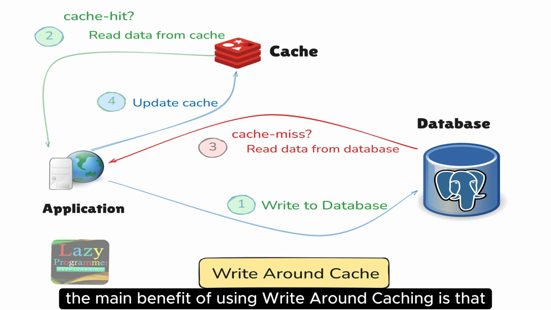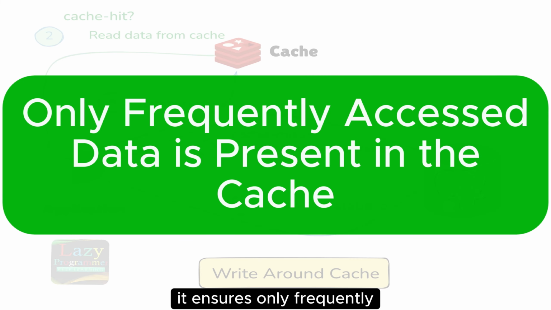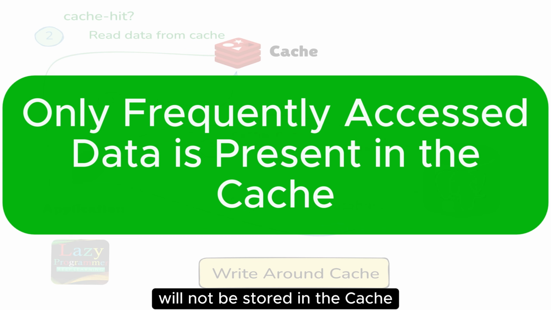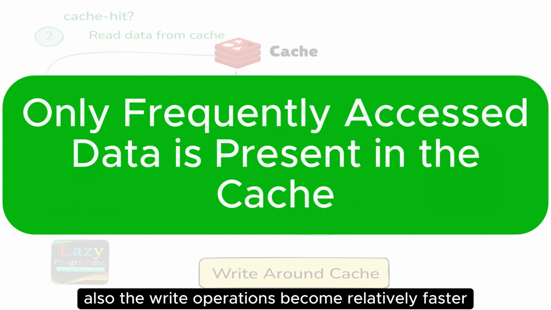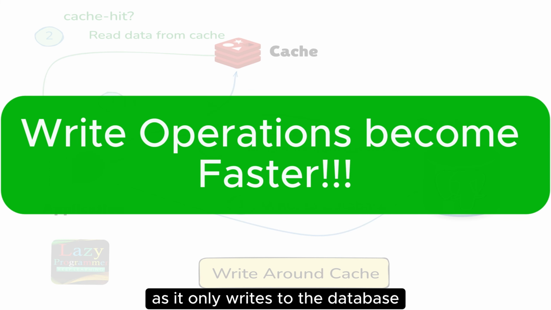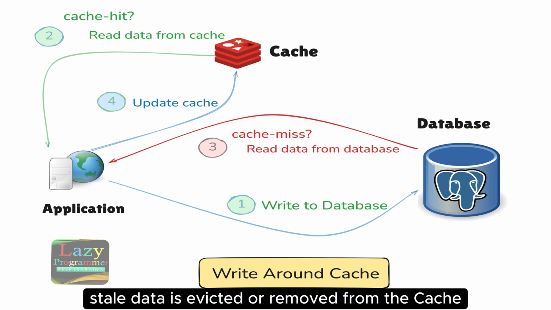The main benefit of using write-around caching is that it ensures only frequently accessed data resides in the cache, and the data which is rarely or not at all used will not be stored in the cache. Also, the write operations become relatively faster as they only write to the database. Similar to the earlier approaches, we can use a time to live policy for making sure stale data is evicted or removed from the cache.